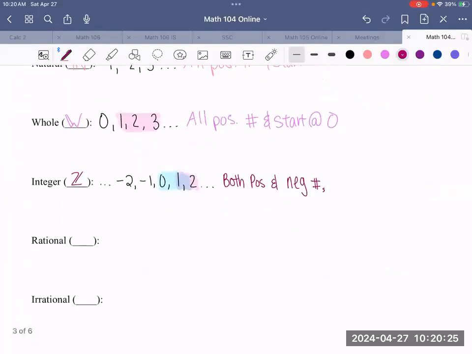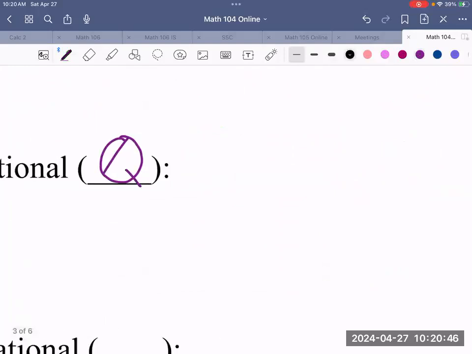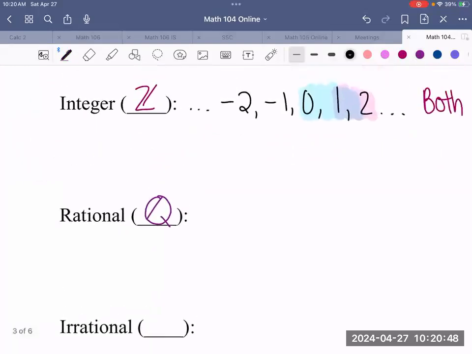And let's do rational. So now what is missing? So we now have added in the negatives, but now what? So what's missing are any sort of decimals or fractions. So rational is a Q with a bar in it. So this still comprises of negative numbers like -2, -1, ... on either side just means it continues.